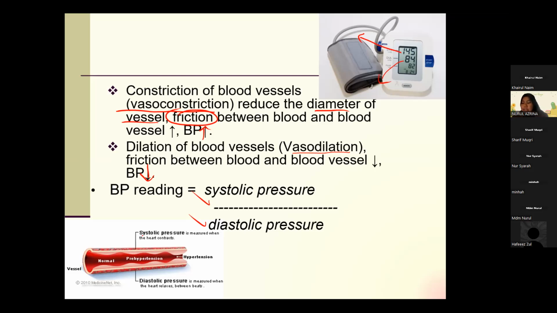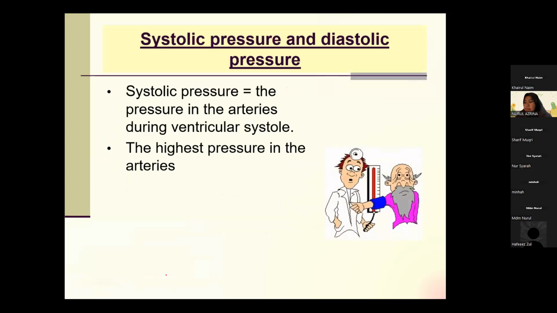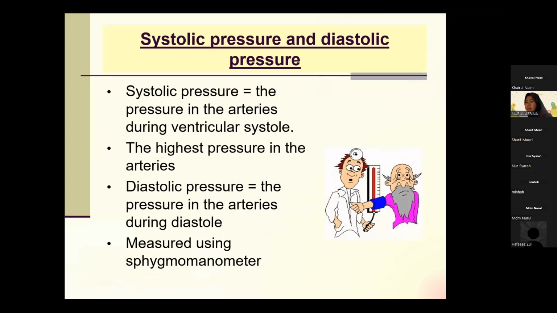So you can see in this picture, systolic pressure is measured when the heart is contract, while diastolic pressure is measured when the heart is relaxed between the beat. Systolic pressure is the pressure in the arteries during ventricular systole. So kita nak tengok berapa pressure darah that came out from the heart during ventricular systole.